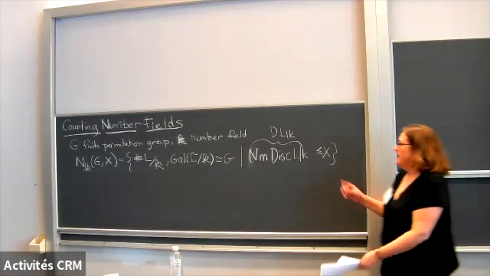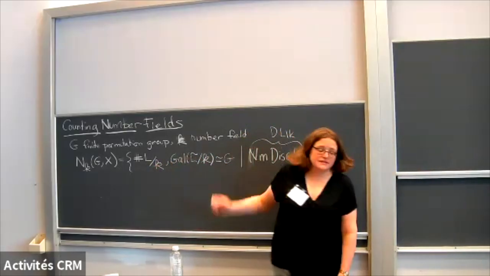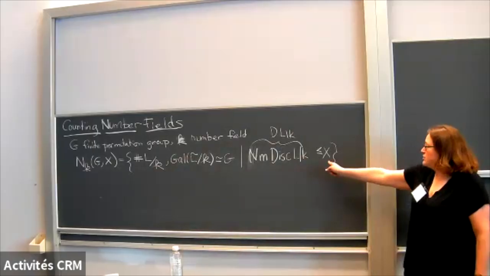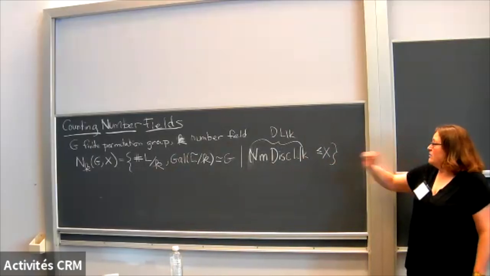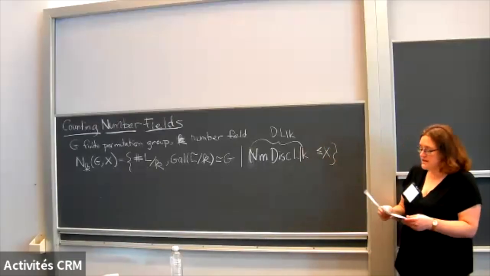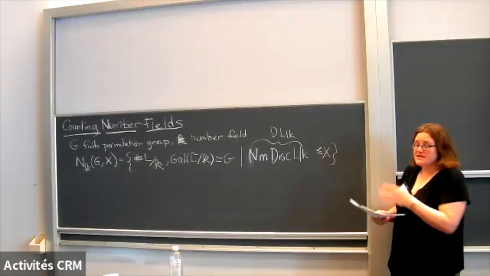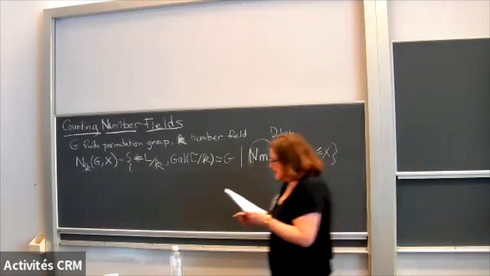So we're saying I want to count extensions with this Galois permutation group of discriminant, or norm of discriminant, bounded by x. And the question is to understand the asymptotics of this as x goes to infinity.